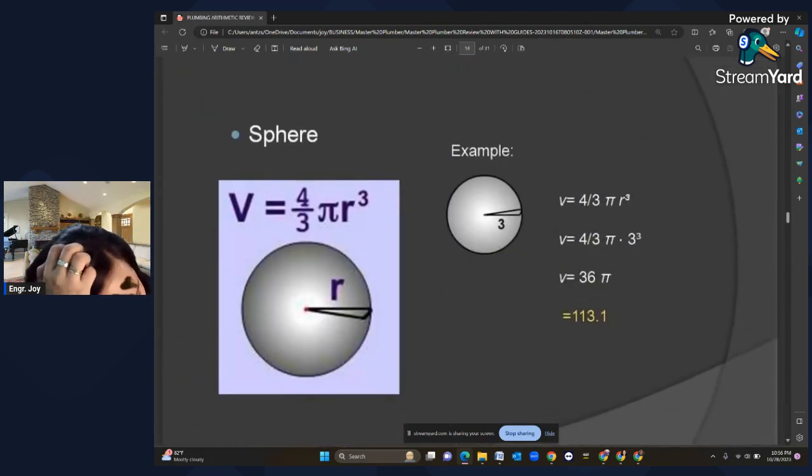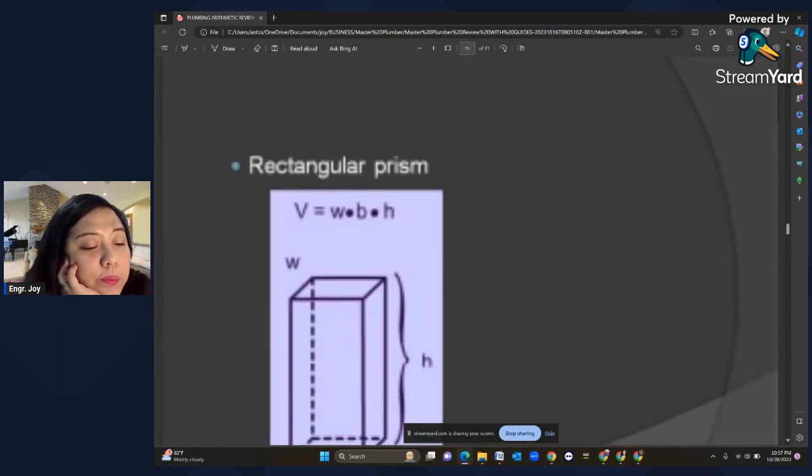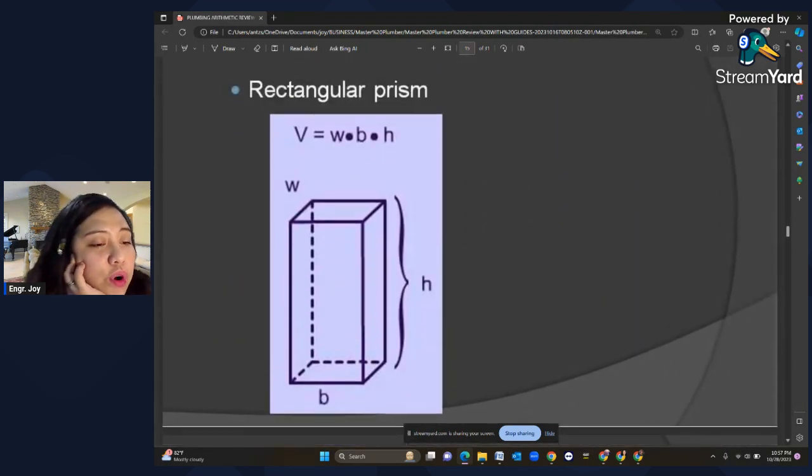Volume is equal to 4/3 pi r cubed. Example of the sphere, for example, yung given niya is r = 3. So, since this is sphere, 4/3 times pi times 3 cubed. So, thank you for that reminder. Nare-remind tayo. So, rectangular prism, its volume is equal to width times base times height. Multiply lang.